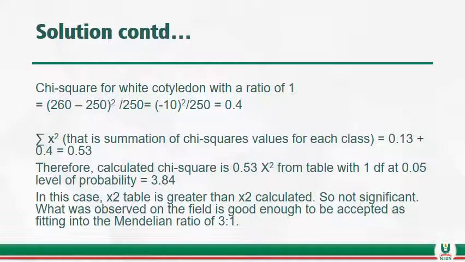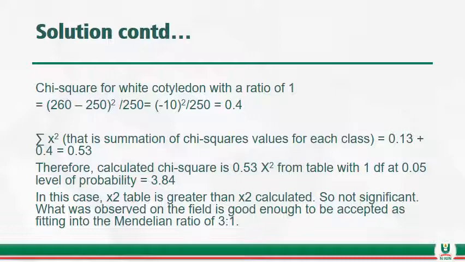So what you do is you subtract 1 from 2 to get 1, and the degree of freedom is 1. At a level of 0.05, on the table what is there is 3.84. The tabulated value is 3.84, while the calculated value is 0.53.